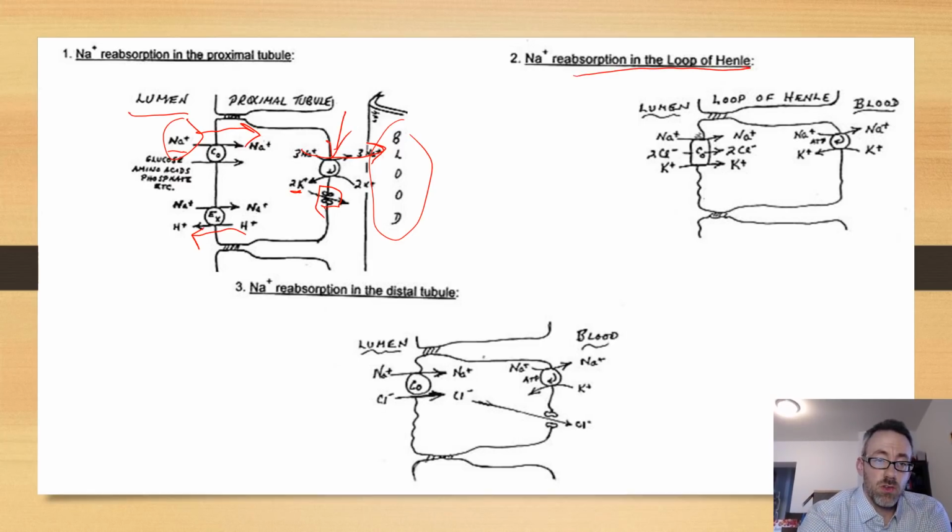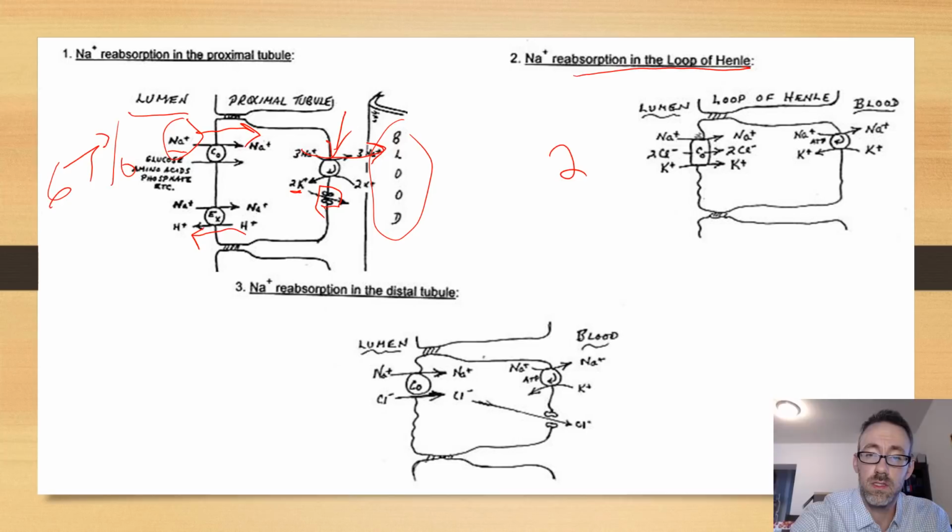Number two, we also have the reabsorption in the loop of Henle. Just as a reminder, sodium is about 67% reabsorbed in the proximal convoluted tubule. In the loop of Henle, it's about 25%.